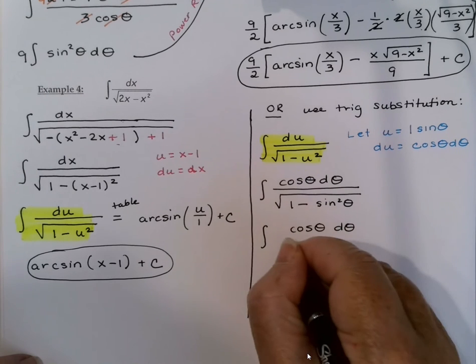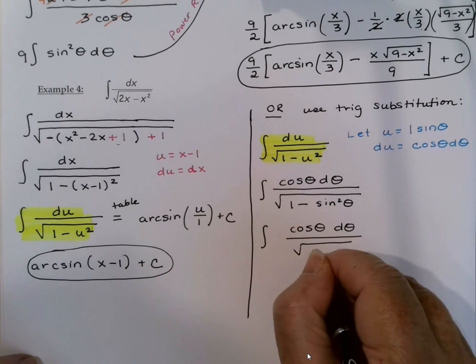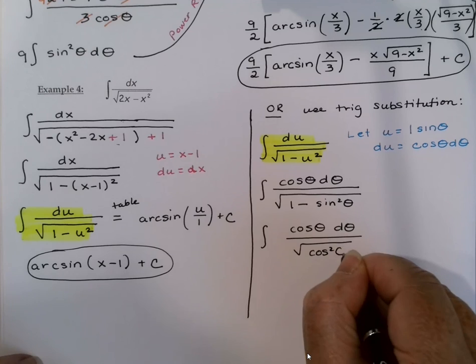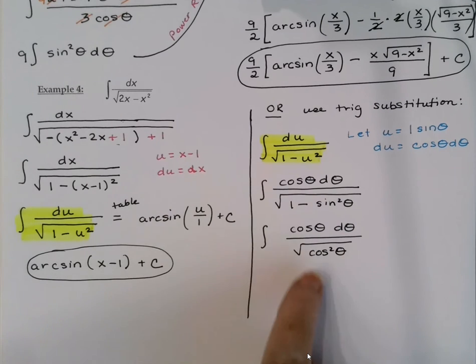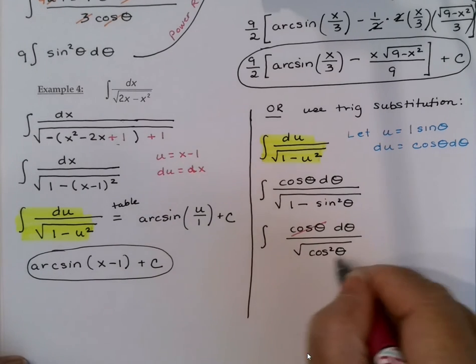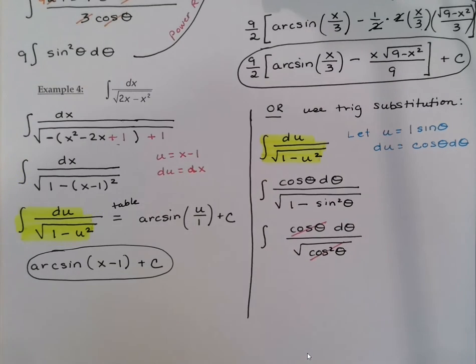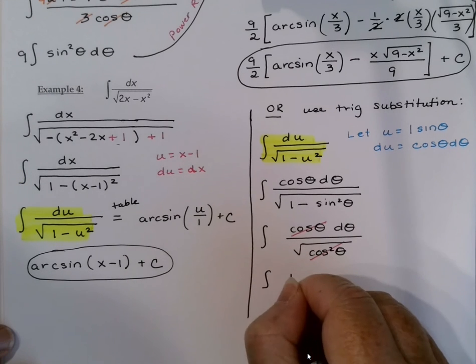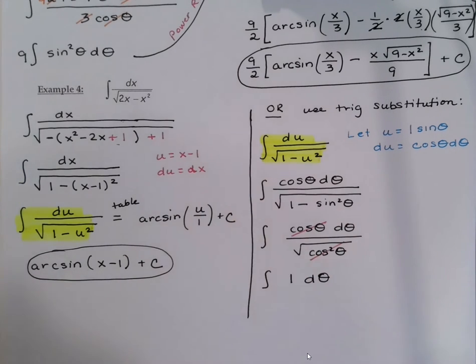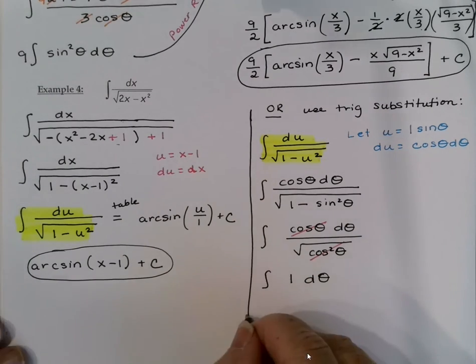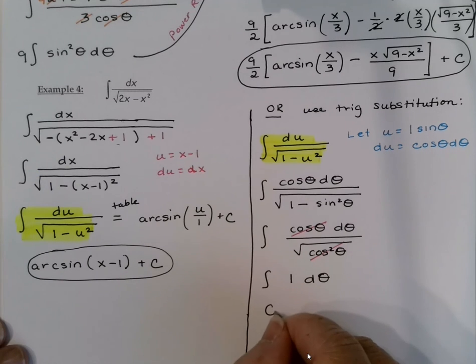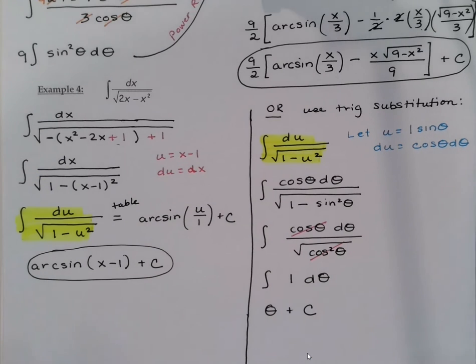What's under that radical is actually just cos squared theta. And since the square root of cos squared theta is just cosine theta, I can divide those out. And I really just end up with the integral of 1 d theta, which would be theta plus c.